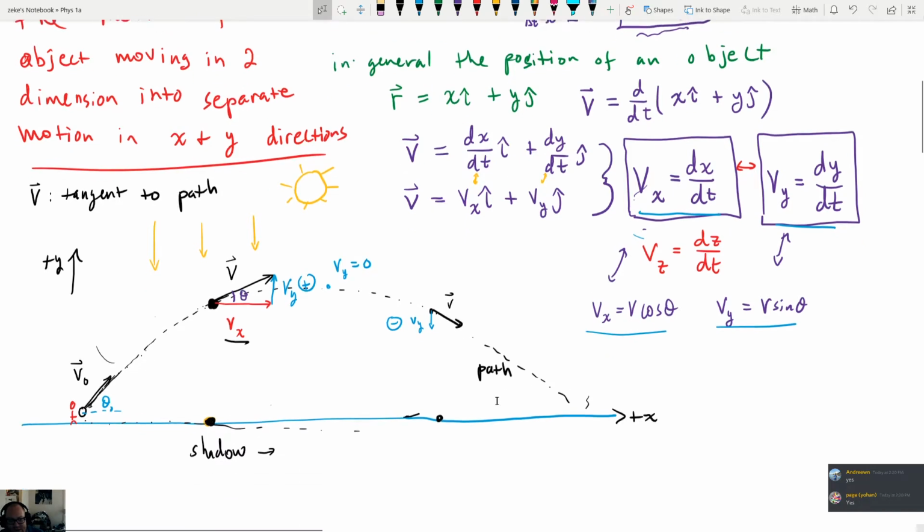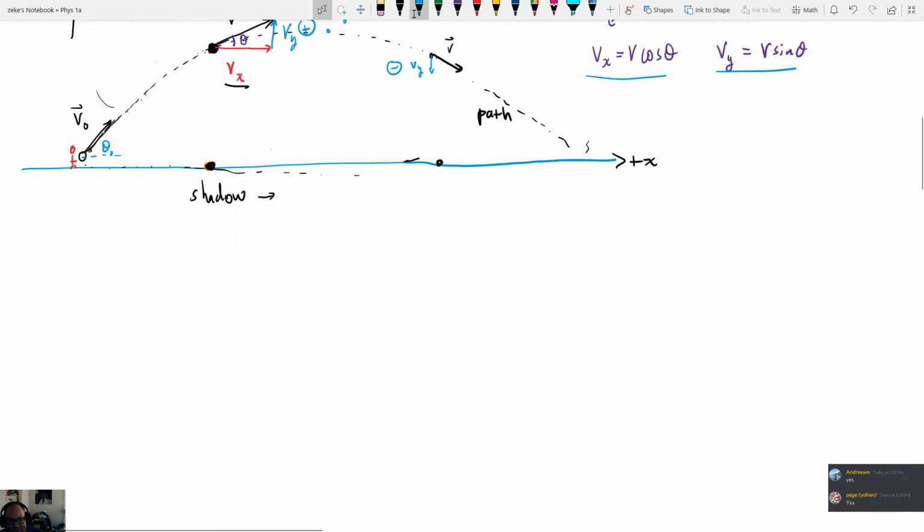All right, the next thing to do is to talk about acceleration. So for acceleration, what we say is just average acceleration. We can define just as we did in the last chapter.